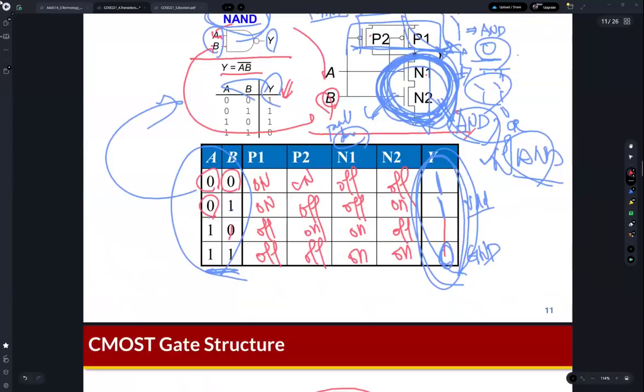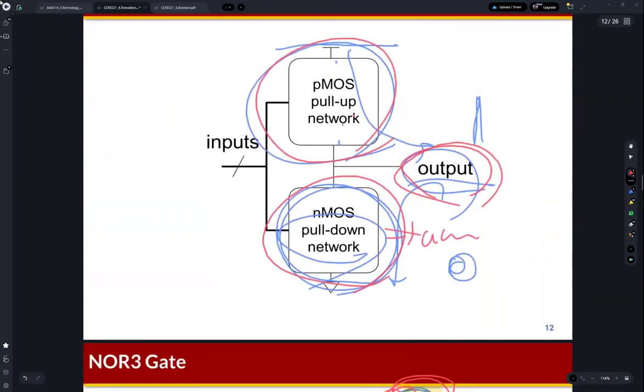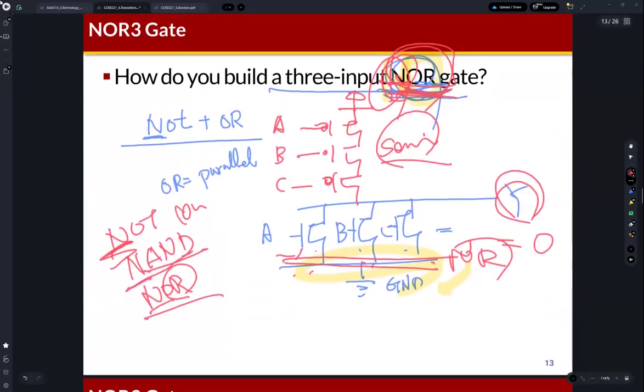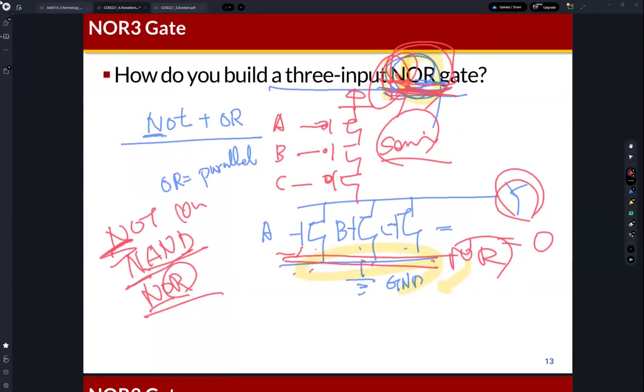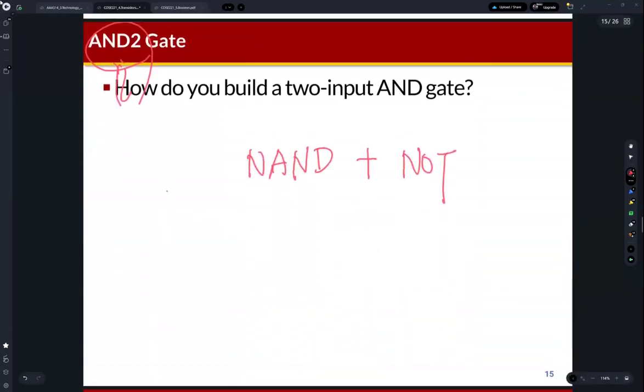Also, I explained the NAND gate and the NOR gate, including the NOR 3 gate. I also explained that in order to implement an AND gate and an OR gate, we need to combine NAND plus NOT or NOR plus NOT.